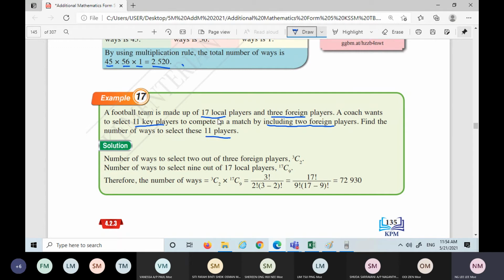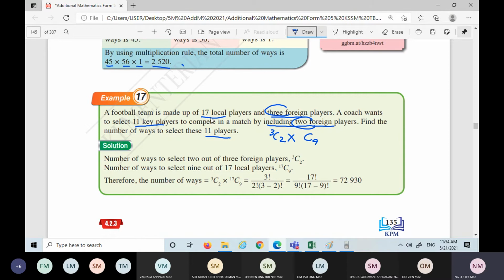So how? From the 3 foreign players, you choose 2. This is the first part. Times. After you choose 2 of the 11 players that you want to choose, 11 minus 2, you need to choose 9 more.